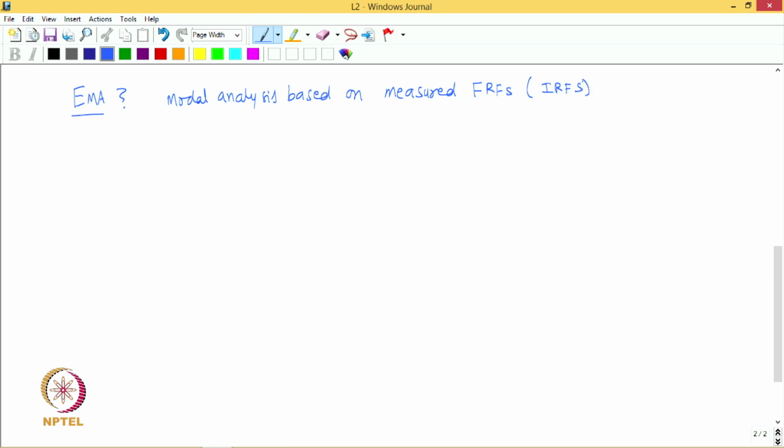Okay. And these FRFs or IRFs are analyzed to obtain the natural frequencies, mode shapes and damping factors, right. So, it is model analysis based on measured FRFs to identify natural frequencies, mode shapes and damping factors.